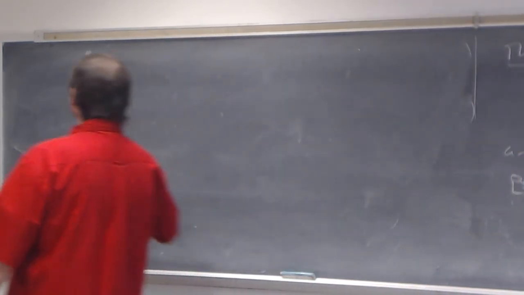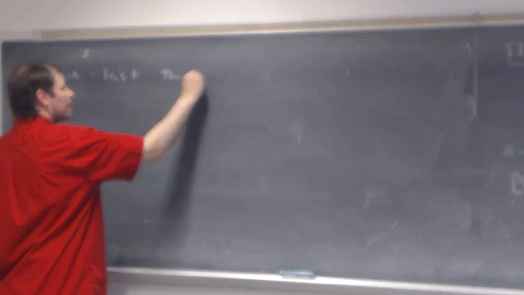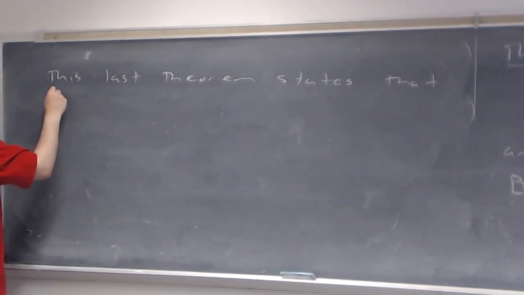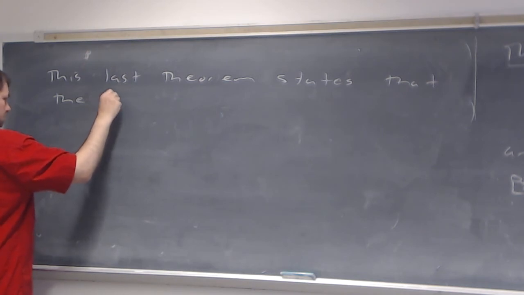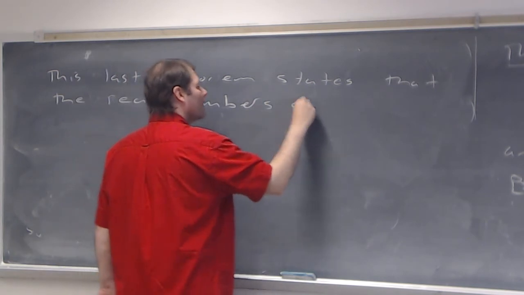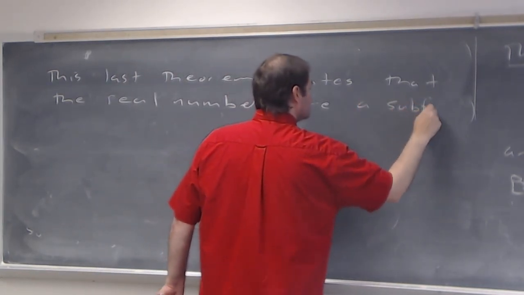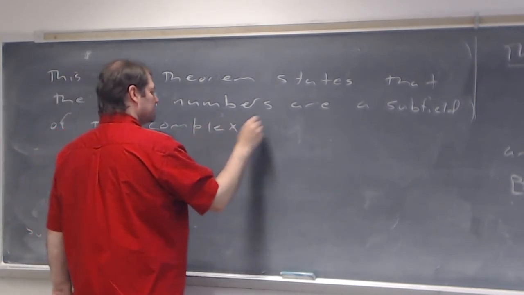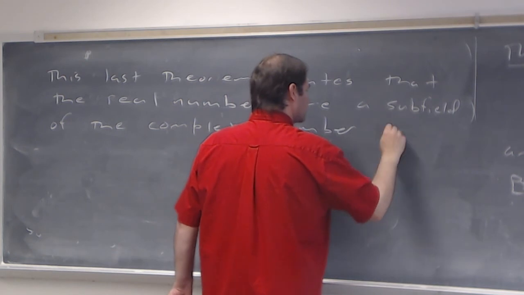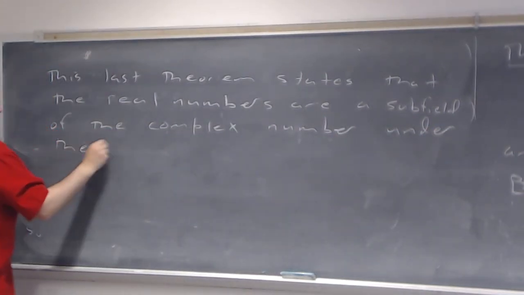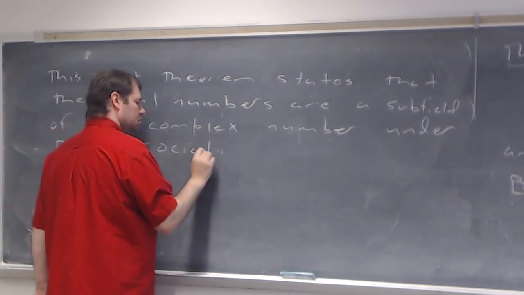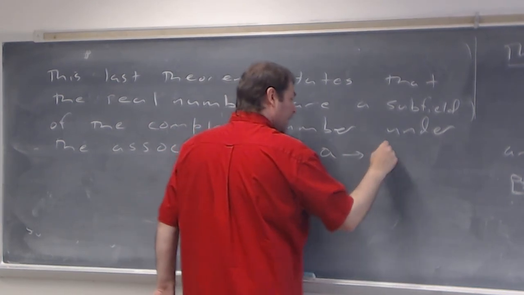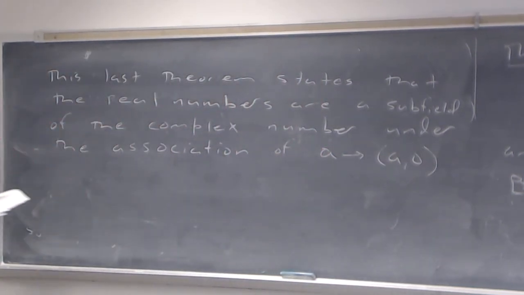So this last statement states that the real numbers are a subfield of the complex numbers under the association of A from a real number is the same thing as (A, 0) in a complex number. Okay? So that's association.